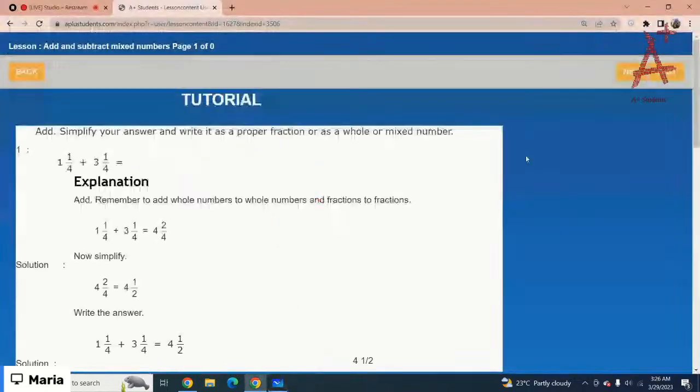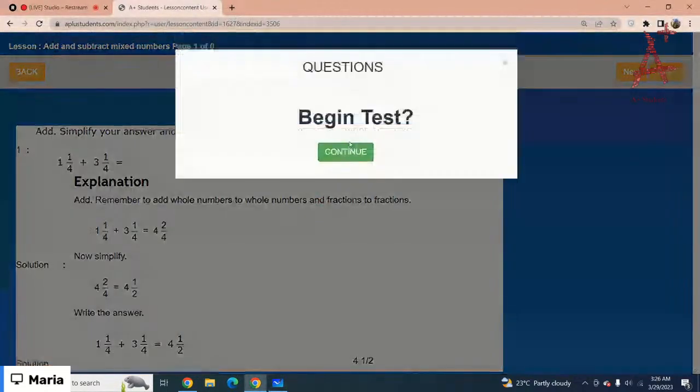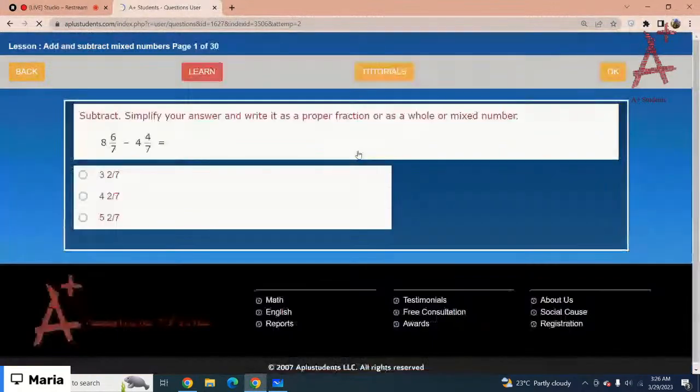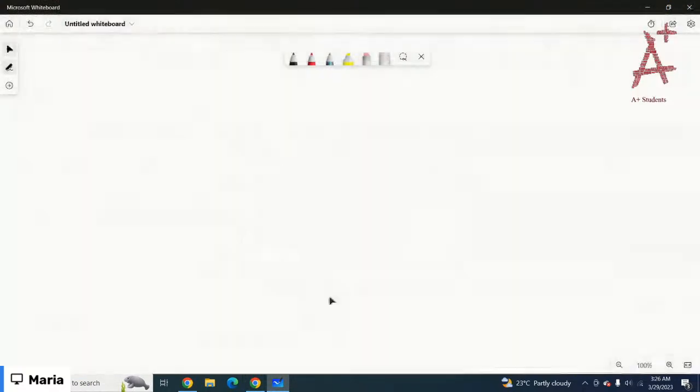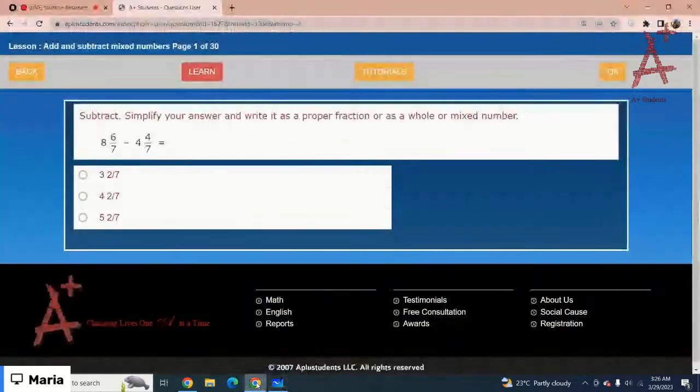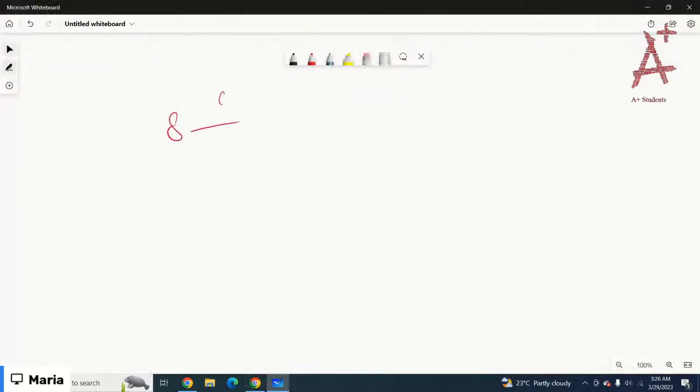Let's just start with the test questions. Okay, 8 whole 6 over 7 minus. Basically, I skipped one step. Let's just do the step. 8 whole 6 over 7 minus 4 whole 4 over 7. Let's just separate their whole numbers.